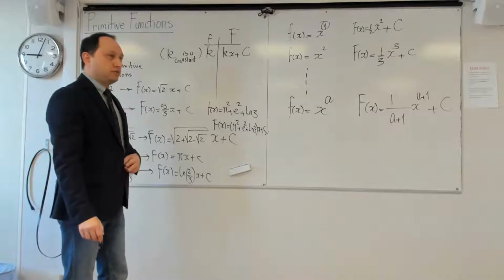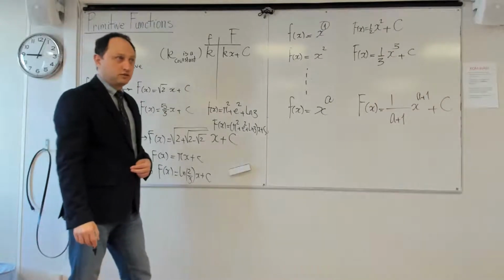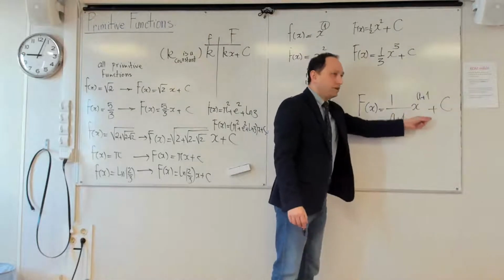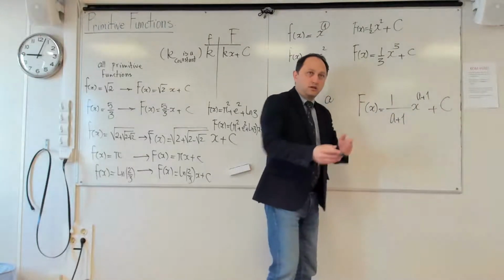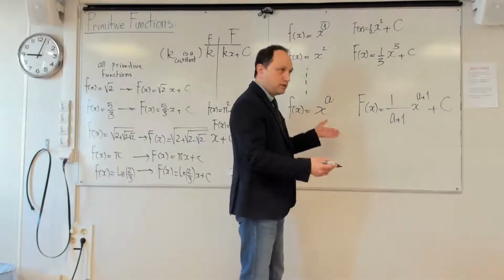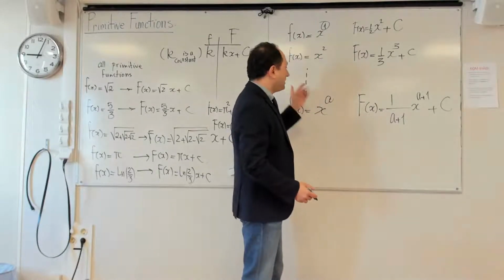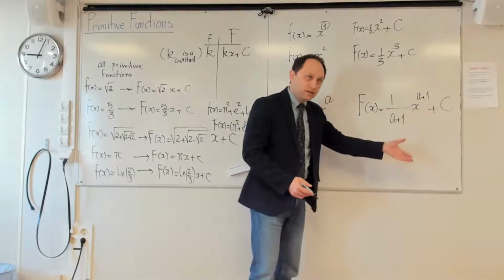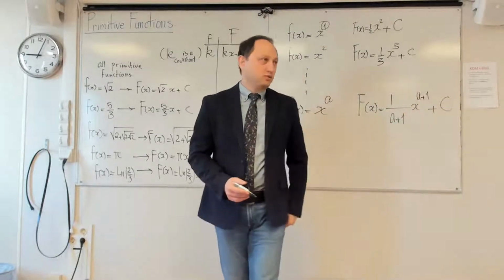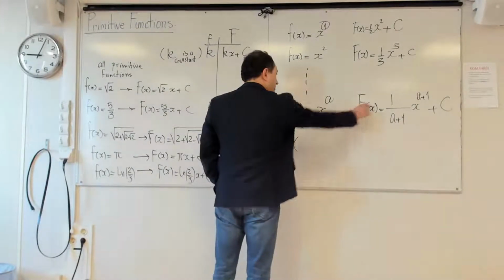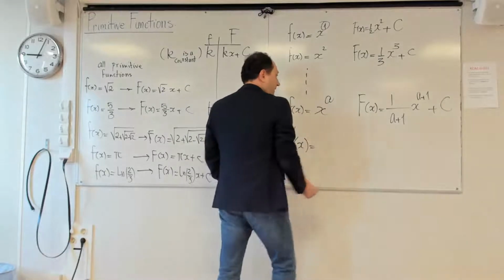If I ask you to prove it, how do you prove your guess? If I want you to prove it, you need to patiently differentiate this very rigorously and show that the derivative is this one. So let us do that. The way that I did it, I want you to come up with a pattern. But when you have the pattern, you should show the pattern is working. So how should I show the pattern is working? I differentiate this. Okay. Do you remember?